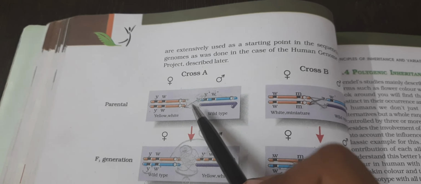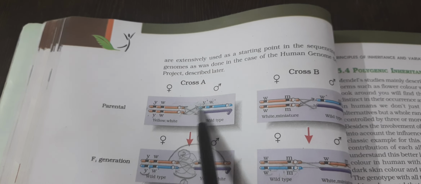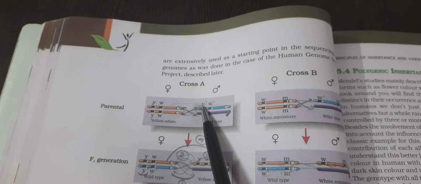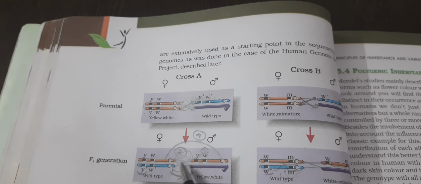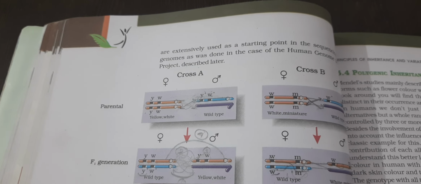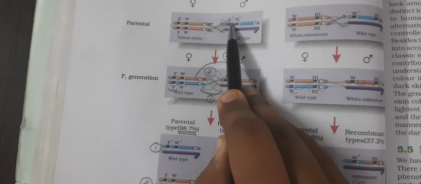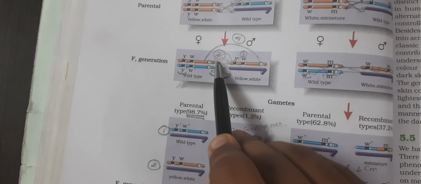What happens in the F1 generation? This goes with this and this goes with this. So orange, blue, you find that out, right? Yes, and this is dominant. Now first of all, after you get this, basically this goes with this, this goes with this, and this goes with this.